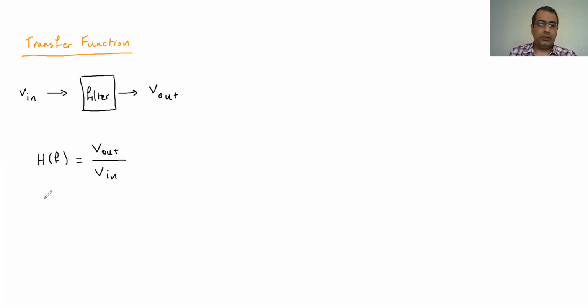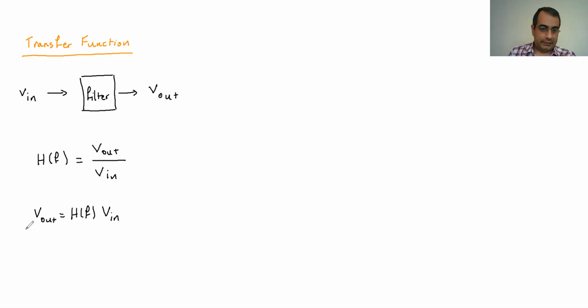In other words, we can say that V out, the output signal, is the transfer function times the input signal. So if I know the transfer function of my filter and just multiply it by my input signal, I'm going to get the output signal that we have.